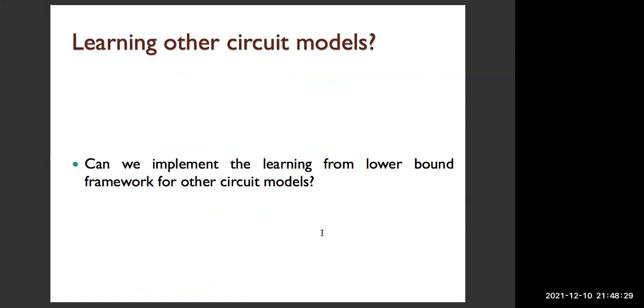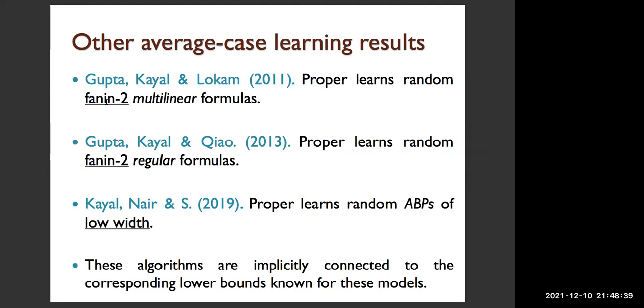So I would end with this question: can we implement this framework for other circuit models? For example, here there's this slightly small thing that they could reconstruct, but they crucially need the fan-in to be 2, especially in this result. Their formula needs fan-in 2, and the proof strategy is not too clear. It becomes difficult to adapt the strategy to higher fan-in formulas.